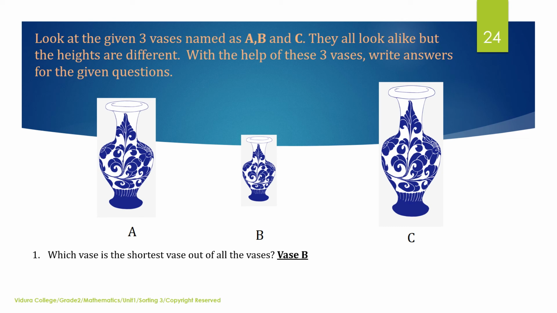Which vase is the shortest vase out of all the vases? Is vase B. Number 2. What is the shorter out of vase A and vase B? Answer is vase A.